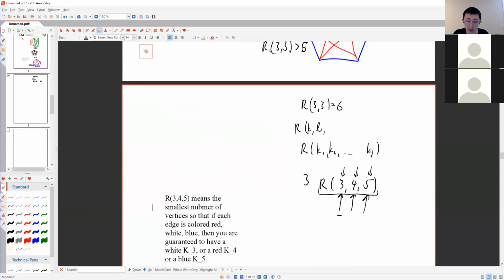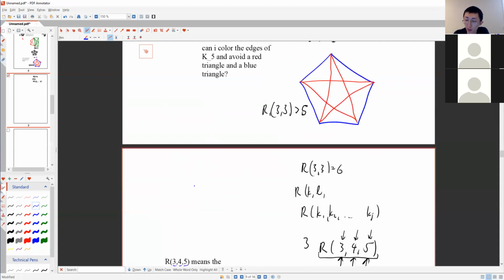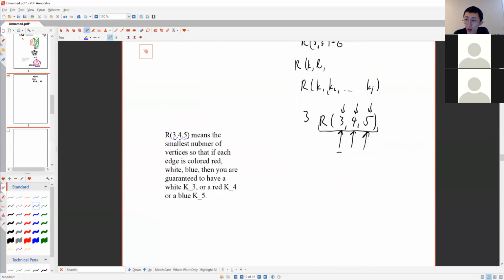And you can generalize to any number of colors. Ramsey's theorem, and Ramsey theory in general, is about this question: no matter how many colors and no matter what these numbers actually are, this number always exists. It may be humongous, but it exists. So that's Ramsey's theorem.